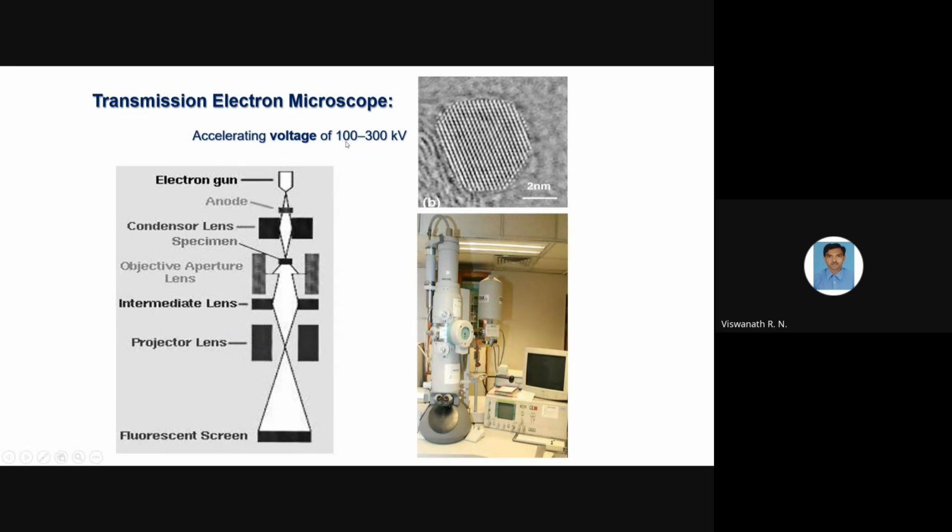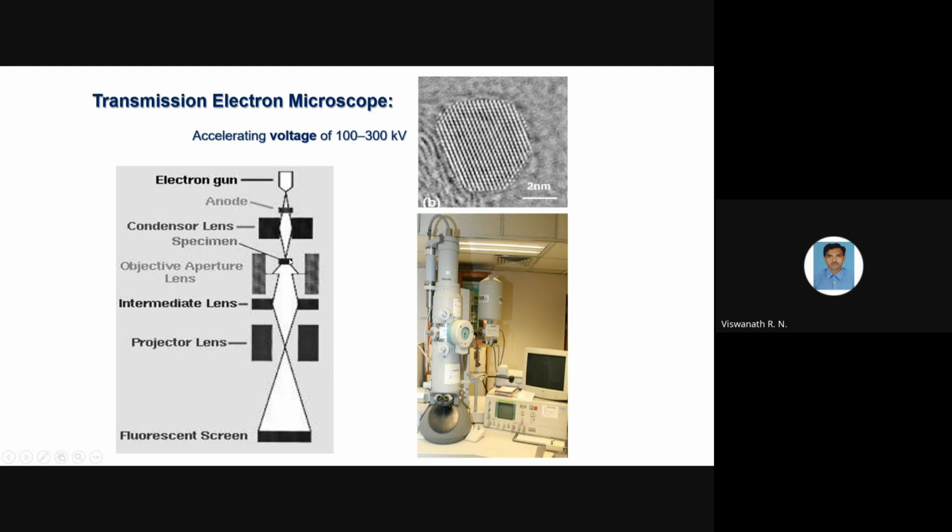Here the energy is comparatively high, because the beam can penetrate inside the sample. So the sample thickness, the region where the electron beam is transmitting, should be less than 100 nanometer. Otherwise, you cannot get the information.